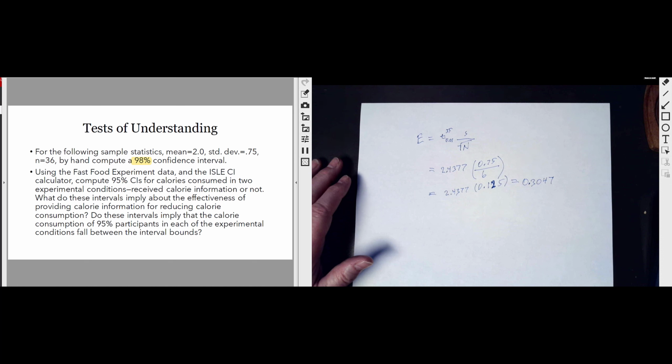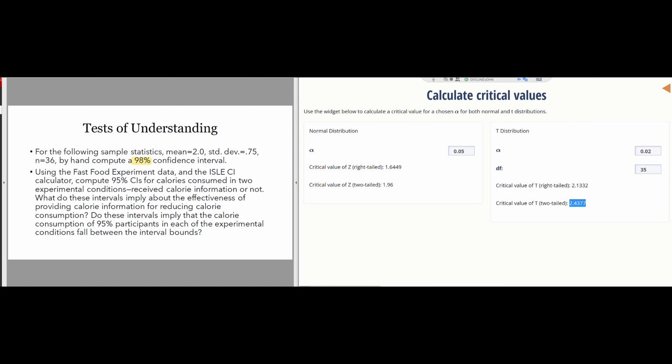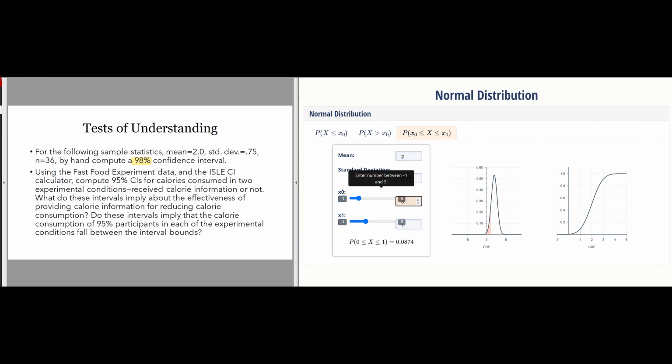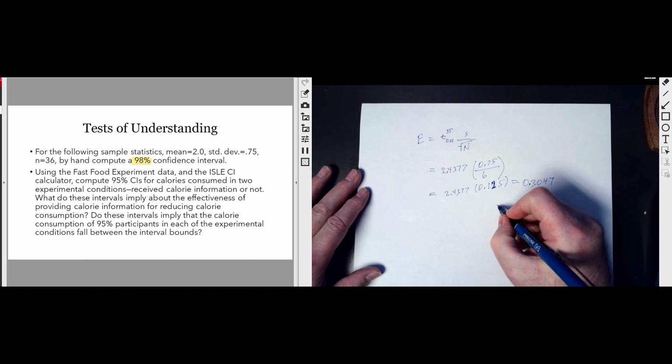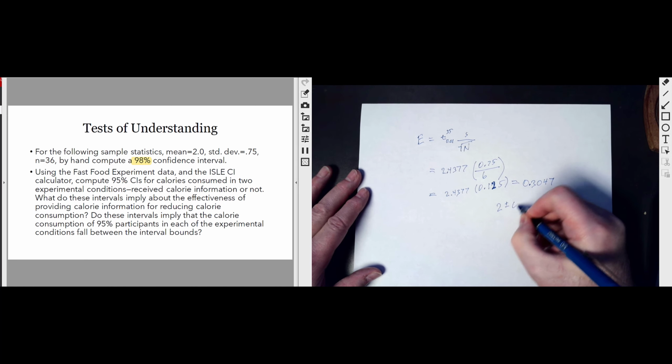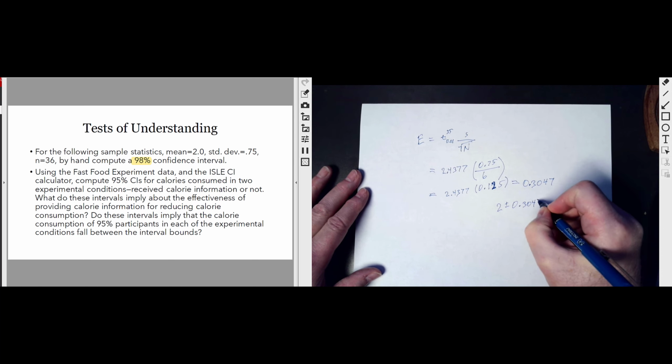So there's our error bound. What that means is, the mean is 2, so we've got 2 plus or minus 0.3047.